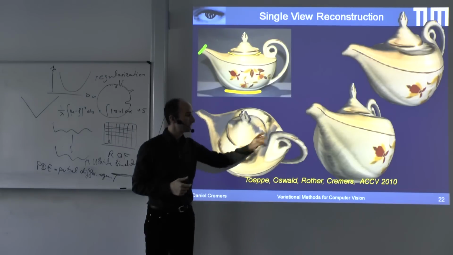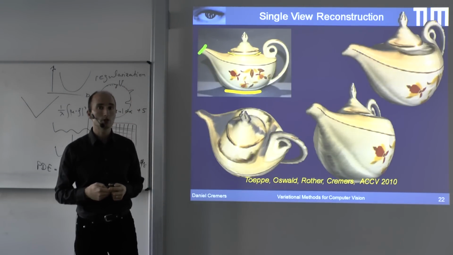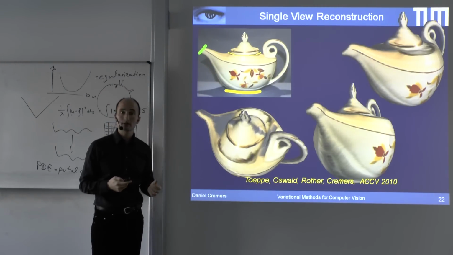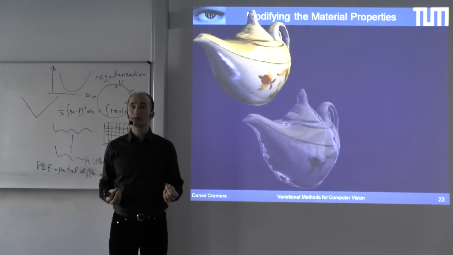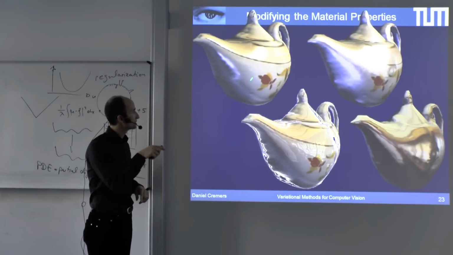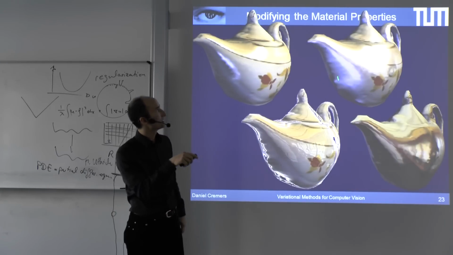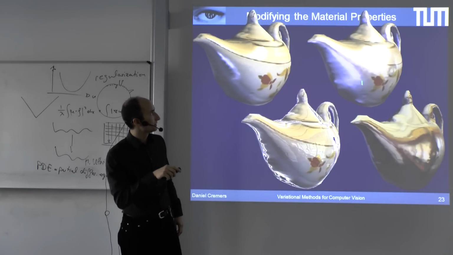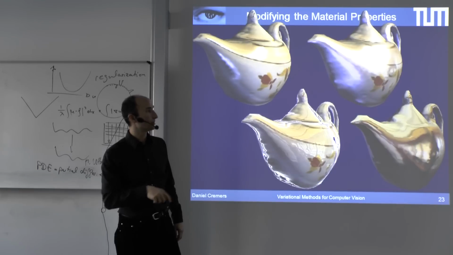And once you have a 3D model, as I mentioned in the beginning, you can do things. You can change the illumination, you can change the material properties, you can take that teapot and relight it with different material properties, such that it looks more shiny, that it looks like it's varnished, or that it looks like, you know, different materials. This is, I think, aluminum.